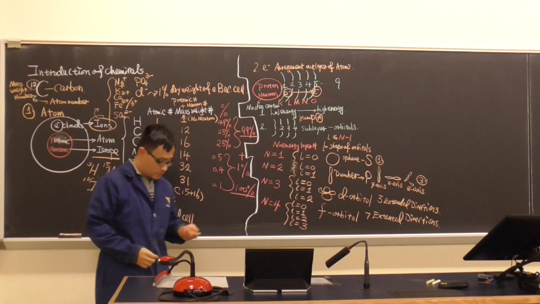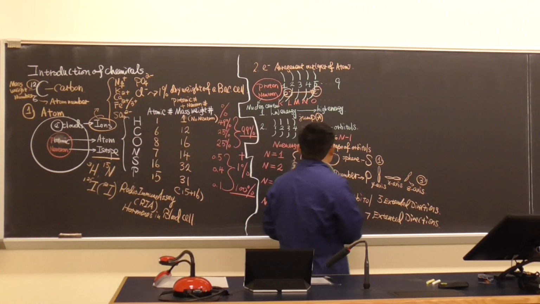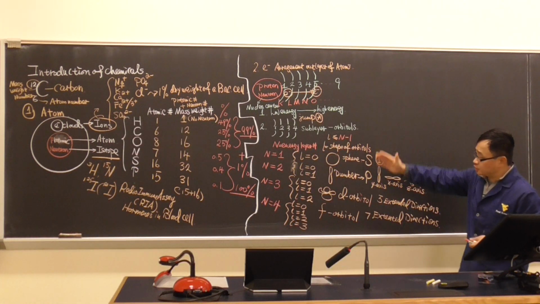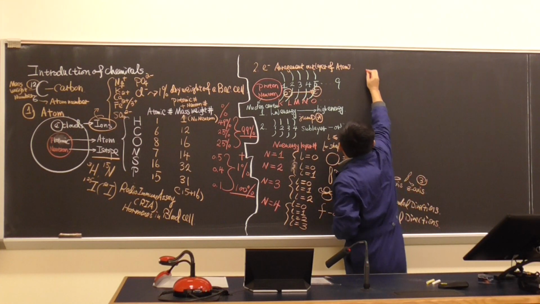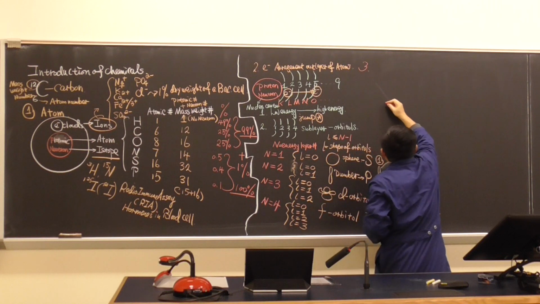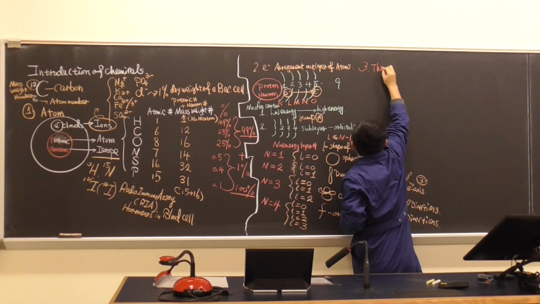So we have this basic knowledge, then let's go. Now the question is, how are the electrons going to be arranged? So you have to follow 3 rules.